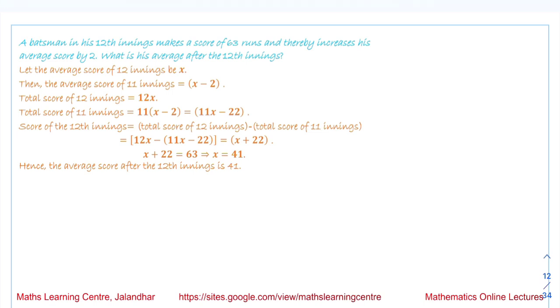Now we are saying that the average of 12 values is given. It is x1 plus x2 plus so on up to plus x11 plus 63. This is the score in the 12th inning.